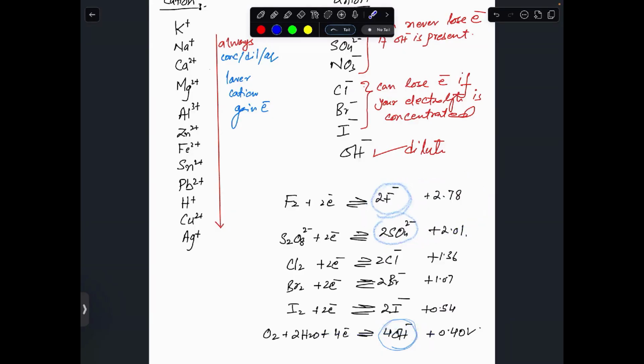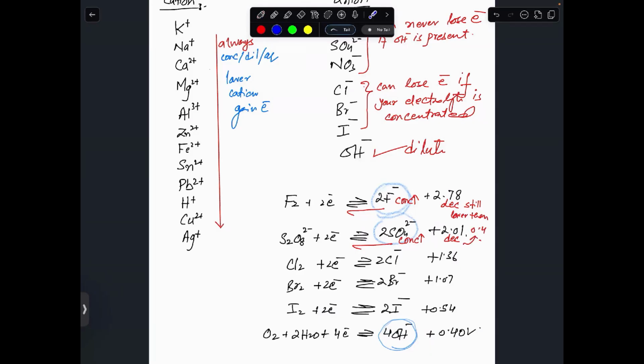What I did, I increased the concentration. When I increase the concentration, the equilibrium shifts to the left-hand side. This value decreases, but still lower than 0.4.